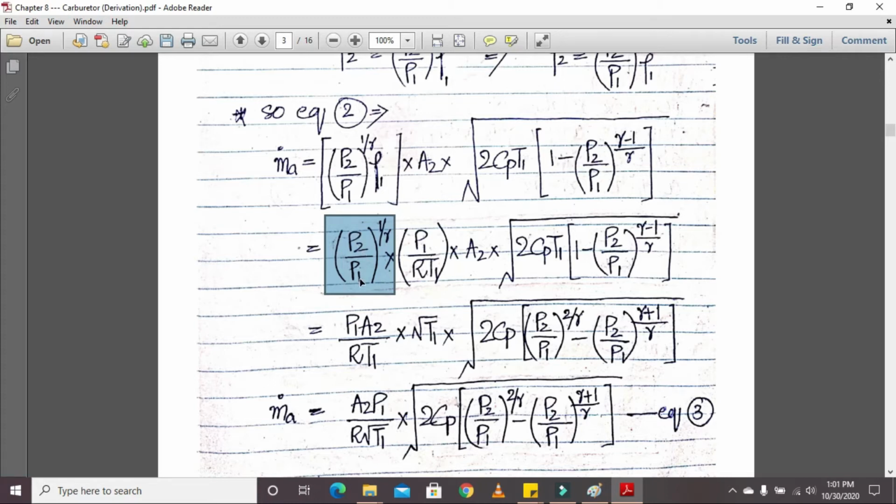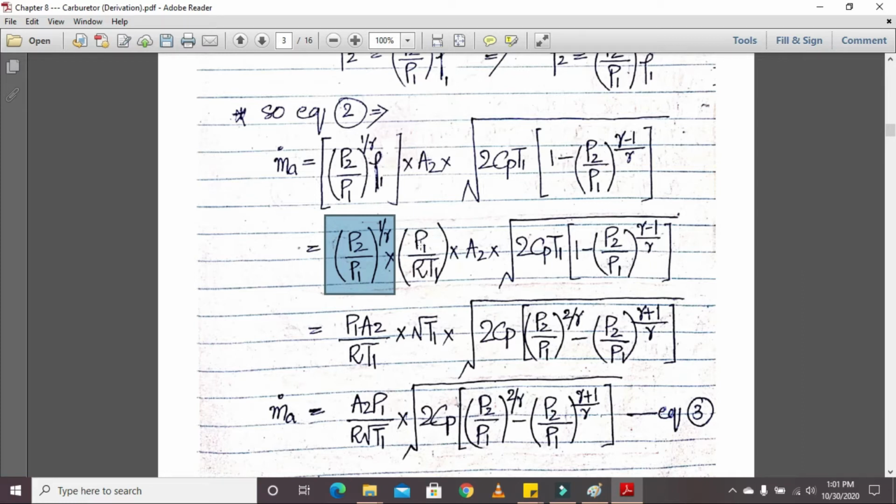of this p2 upon p1 would become 2 times 2 upon gamma, because it is inside the square root. And then we will multiply this p2 upon p1 to the power 2 upon gamma with 1 and with minus p2 upon p1 to the power gamma minus 1 upon gamma.